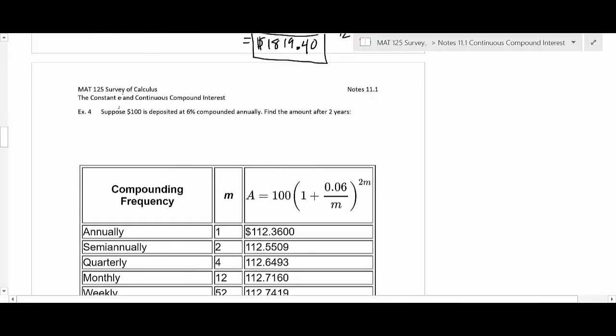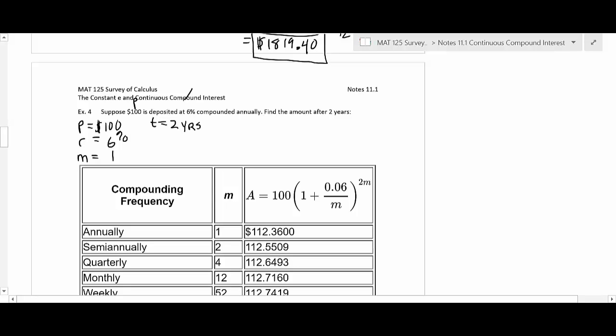So this one, you're depositing $100, so P is 100. You again have a 6% interest rate. This time you're doing annually, so what is M? 1. Right, and then time is 2 years.